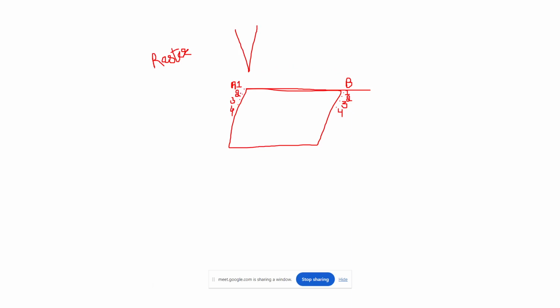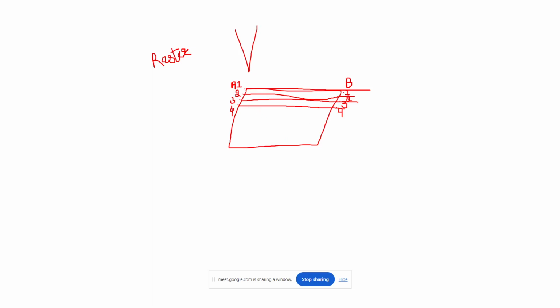It will just pull up and come to A2, and then again start scanning. Then it will go to point B2, then go back to point A3 without scanning, and then scan from A3 to B3. Then it will go back to point A4 and scan from A4 to B4. This is known as raster scanning.